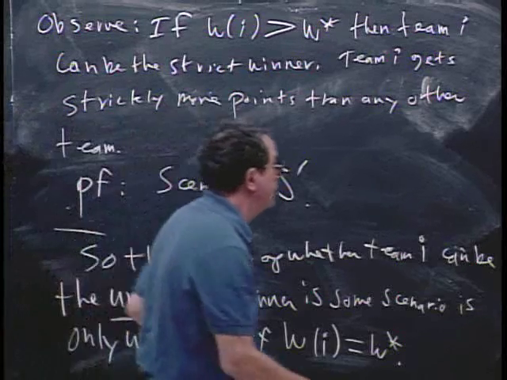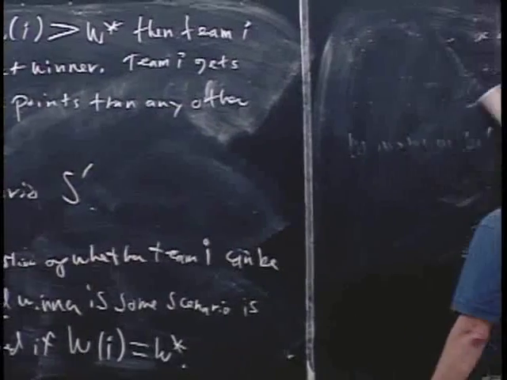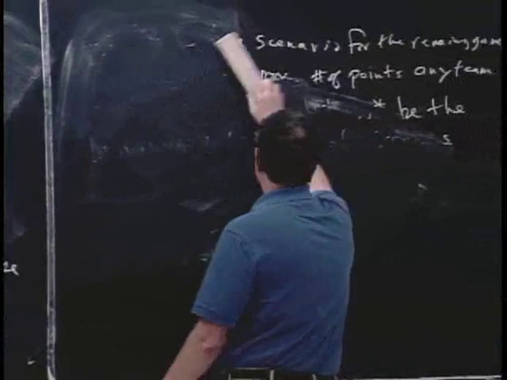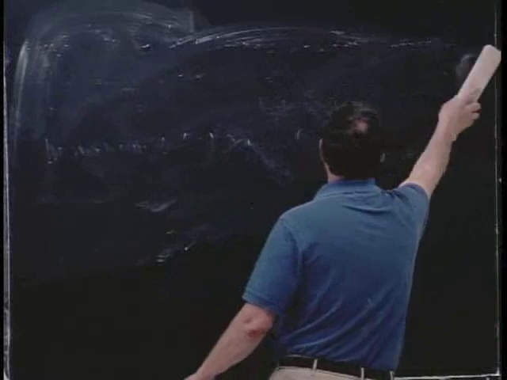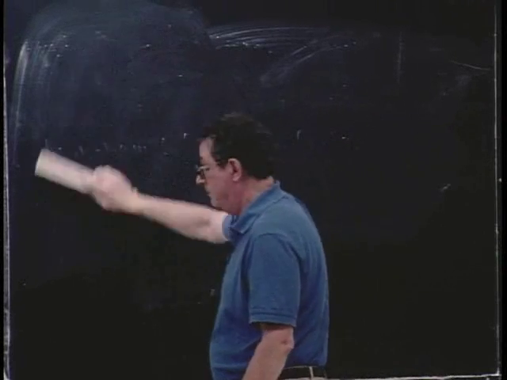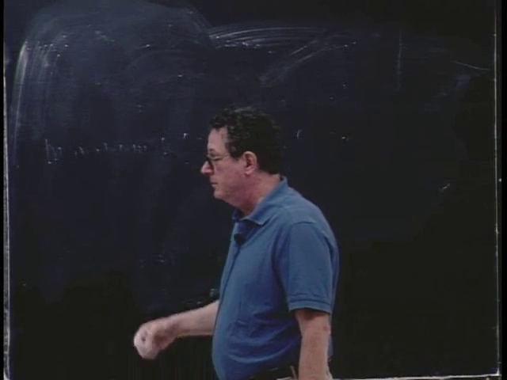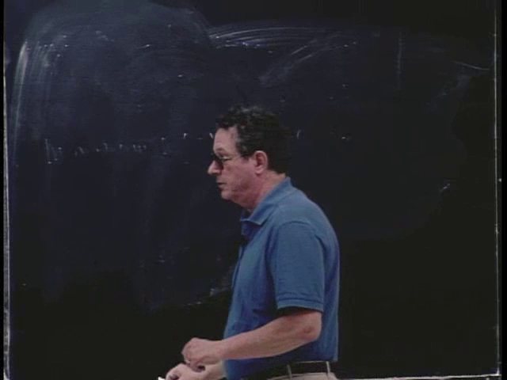But it's a more complicated issue than the previous one of whether team I is just eliminated or not. And in fact, the first solution I'm going to give you won't involve network flow, but it'll be clearly a polynomial time solution, and then I'll show how to convert that to a single network flow.